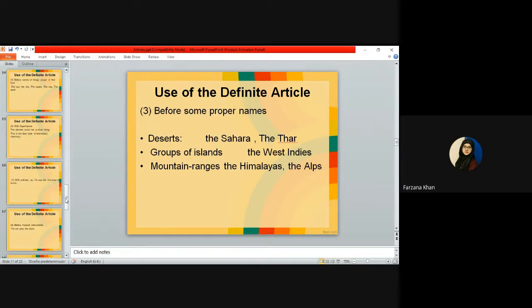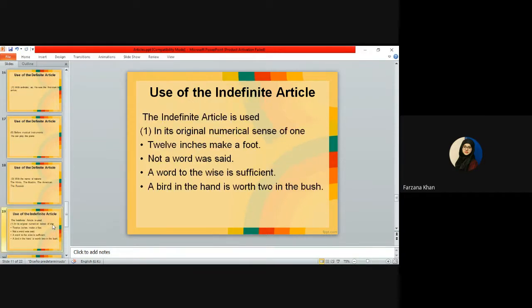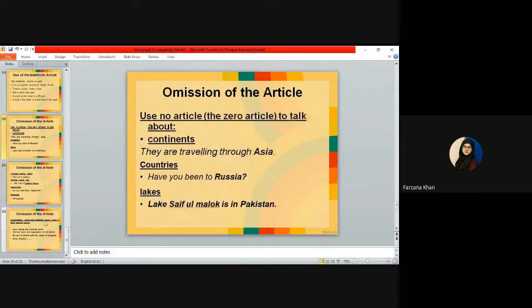But keep it in your mind, when we talk about the omission of the article, the first rule is to avoid the use of article with the name of the continents.